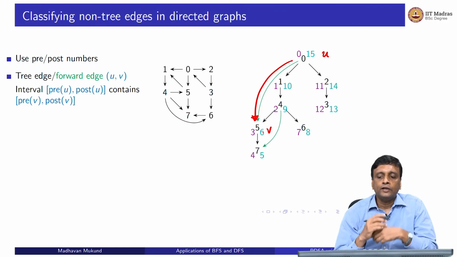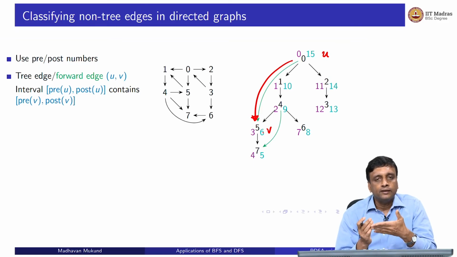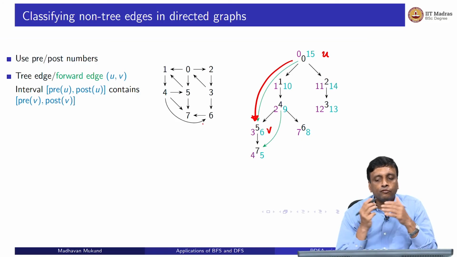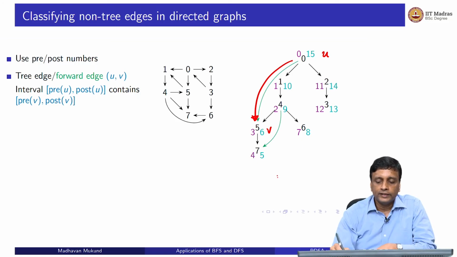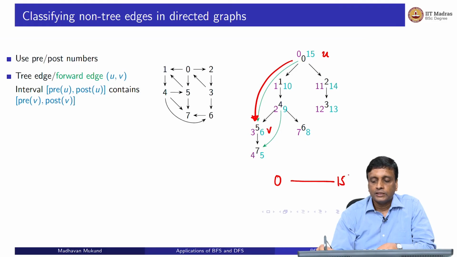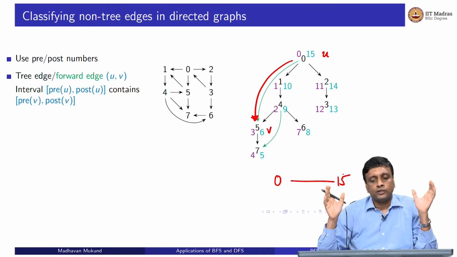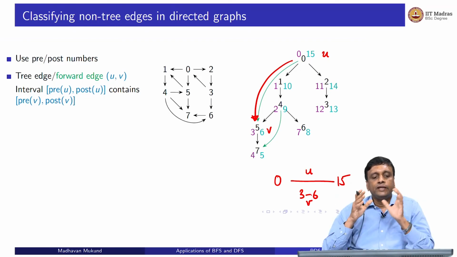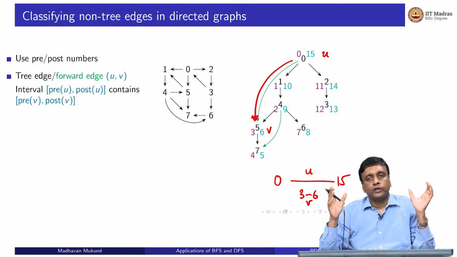So the starting of v happened after u started and the ending of v happened before u finished. So if I look at the interval 0 to 15, which is the entire time that I was processing u, and I look at the time that I was processing v, this is the u interval and this is the v interval. The v interval is included in the u interval.